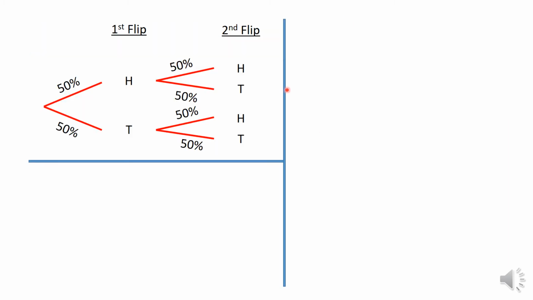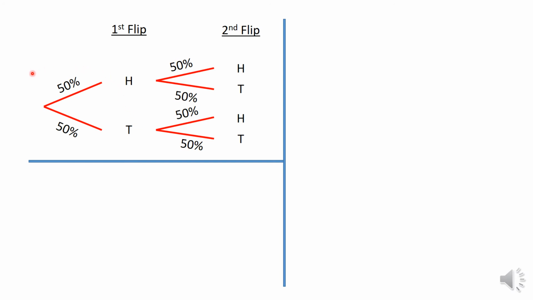This is the way to think about how probability works. When you flip a coin, there are 2 possibilities. One is that it lands heads, and it'll do that 50% of the time. The other is that it lands tails, and it'll do that 50% of the time.